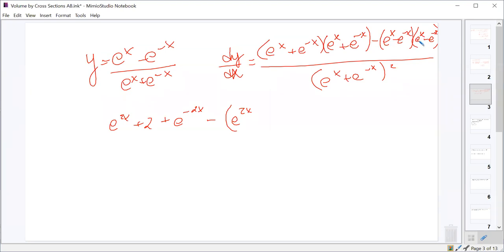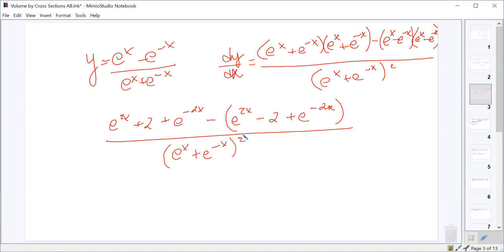And the negative e to the x times the e to the x becomes a minus 2. And then the negative e to the negative x times the negative e to the negative x would become a positive e to the negative 2x. All over e to the x plus e to the negative x squared. Everybody good with that so far?